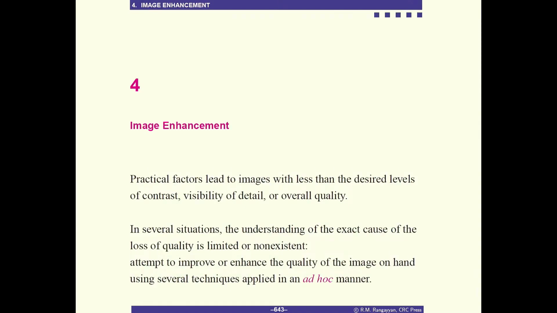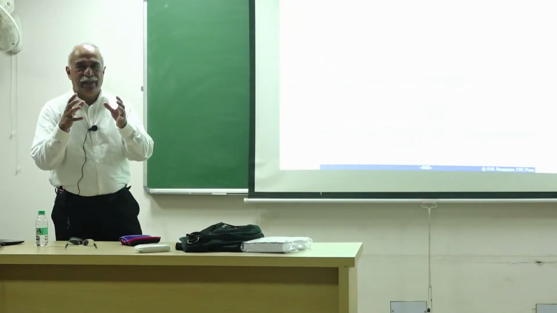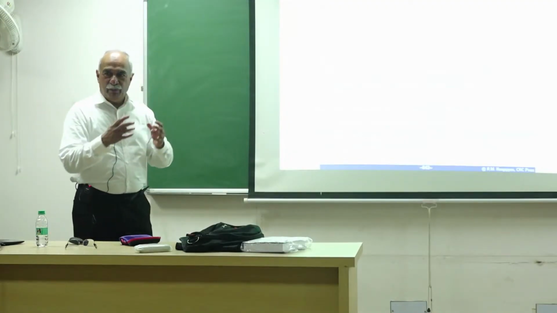So I call this next chapter image enhancement, but to be specific, you could say edge and contrast enhancement, or improving the appearance of the image or appearance of some aspects of the image that are of interest. In many practical applications, there are some issues that will limit your capability of getting a good picture.